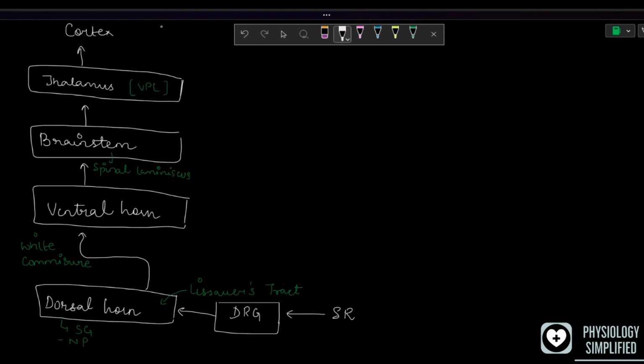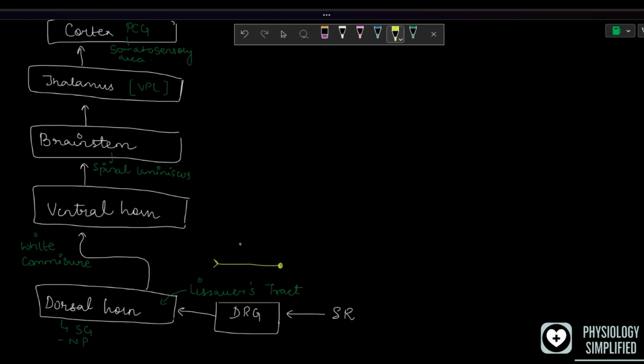Here, these neurons will synapse with other neurons which will carry the information further into the cortex to the somatosensory area, which is located in the postcentral gyrus.